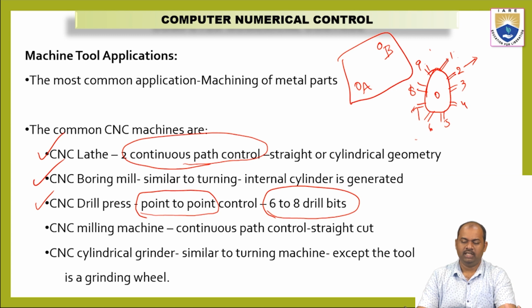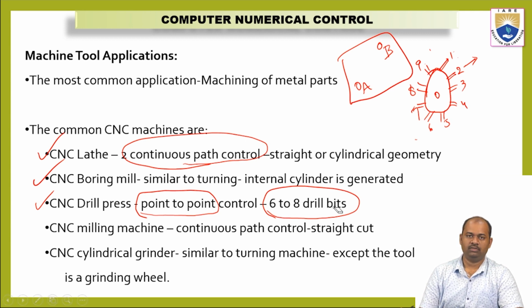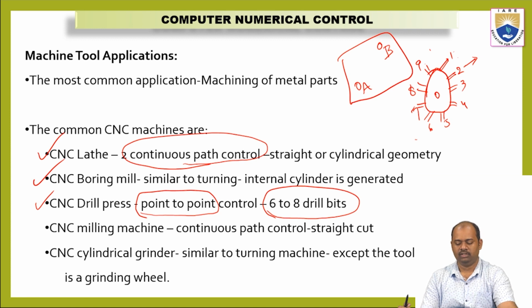Now by changing the position of the tool post, I can change the operation done by the tool. Each tool is different from the other. Now, 6 to 8 different drill bits can be attached to the tool post. Why are 6 to 8 drill bits fixed to the tool post?